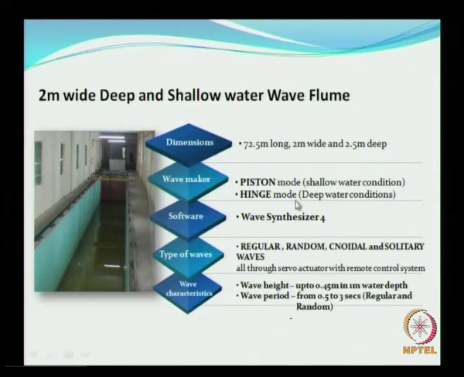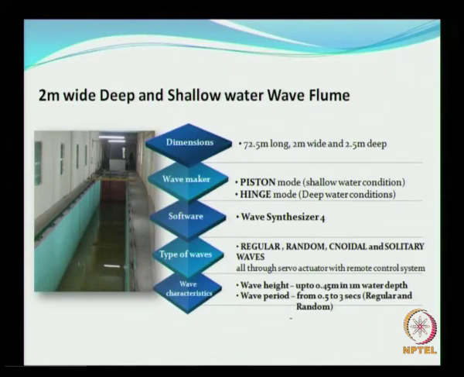It can move in piston mode and hinged mode, and the wave maker is controlled by a software which is referred to as wave synthesizer. The types of waves that could be generated by this wave maker are regular, random, sinusoidal waves as well as solitary waves. Please refer to the lecture on finite amplitude waves, wherein the aspects of sinusoidal theory and solitary theory have been covered.